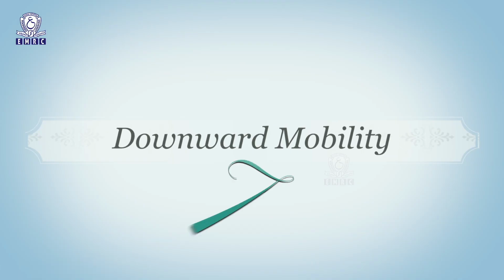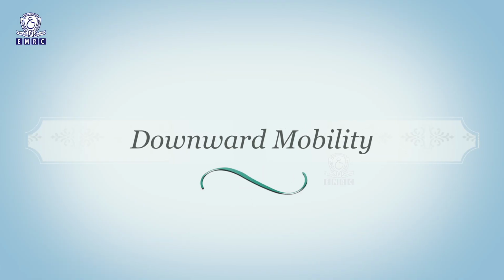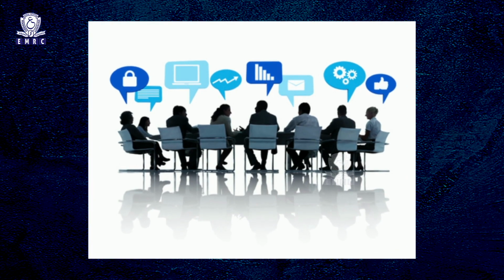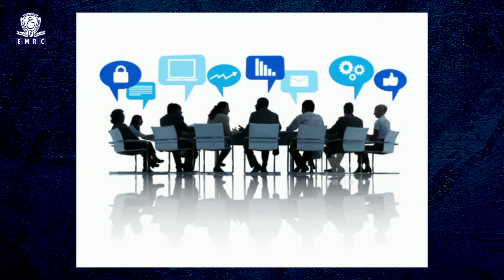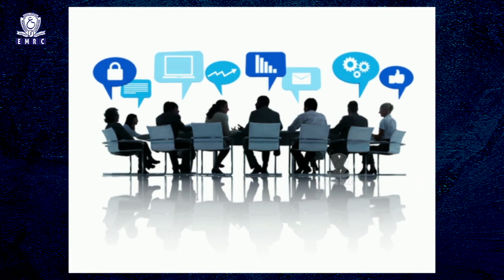Downward mobility. This type of mobility denotes social descendance or social failure on the part of the individual or group. In spite of their attempts to go up, some individuals go down in the status scale. Sometimes individuals who fail to maintain their social, political or economic positions lose their statuses.